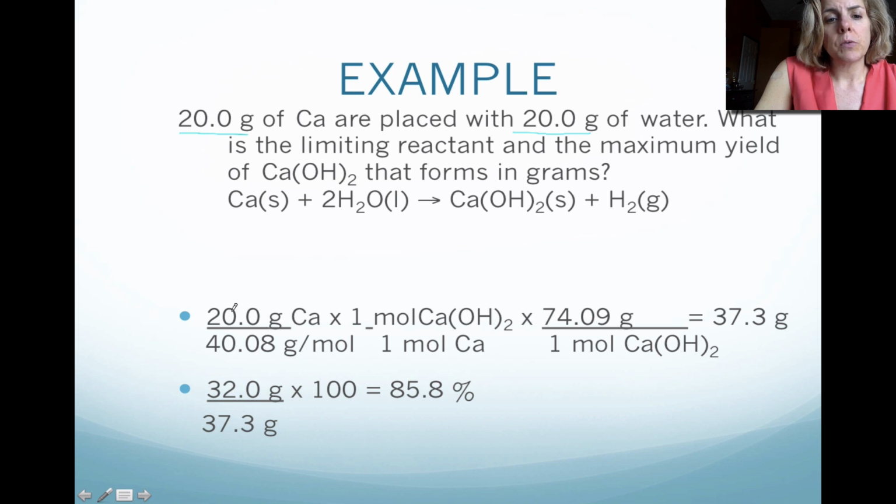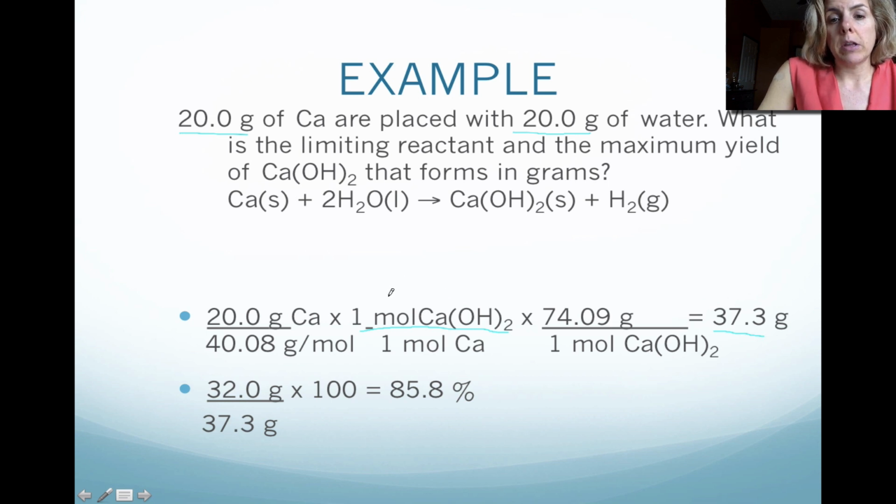So here, if we take 20 grams of calcium and we divide it by molar mass, then multiply it by mole ratio. So notice it's 1 mole of calcium hydroxide to 1 mole of calcium, and then multiply it by 74.09 grams. The maximum yield is 37.3.